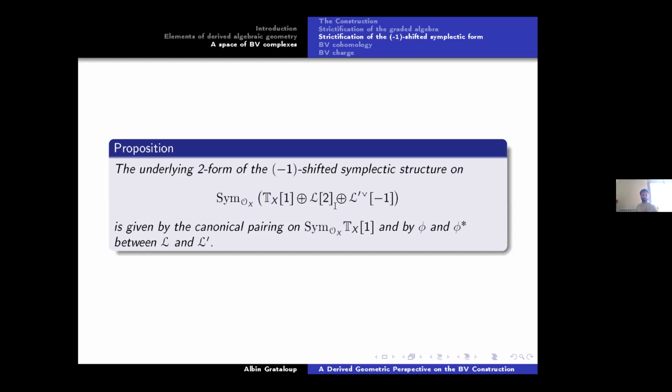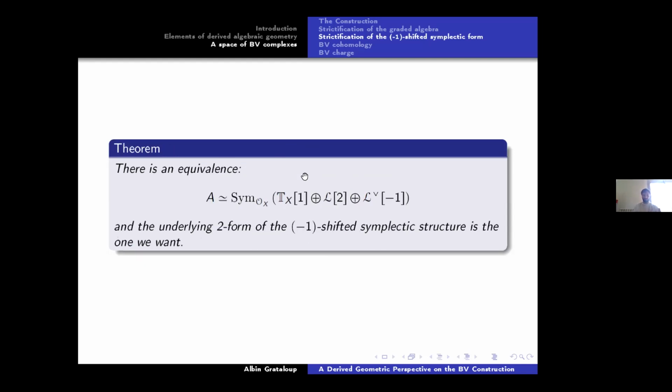Okay. So it looks a lot like the BV complex I described at the very beginning, except for this prime. And still, we know that L is quasi-isomorphic to L prime. So it would be nice if, through this quasi-isomorphism, we could just replace L by L prime. And this is actually possible. It requires some homotopy transfer of Lie algebroids.